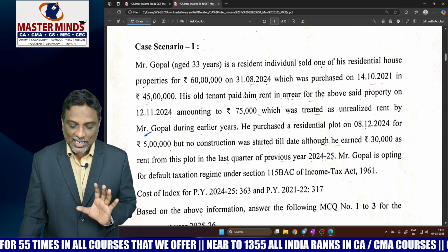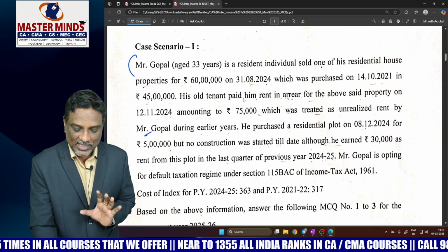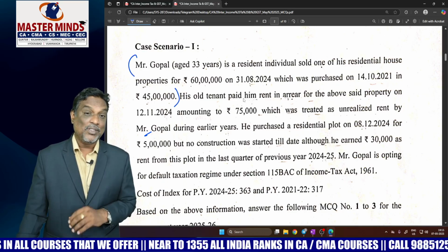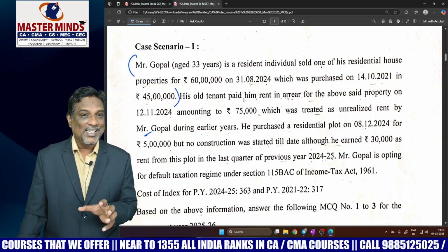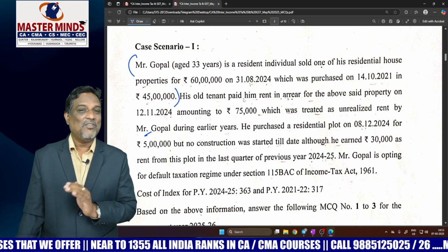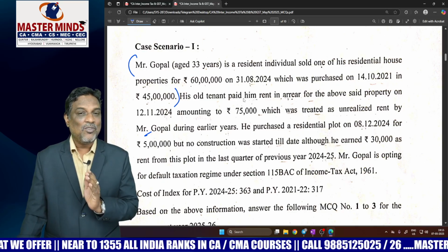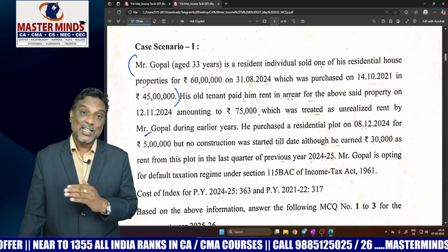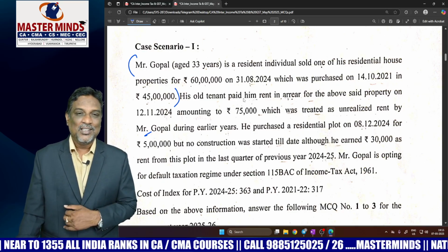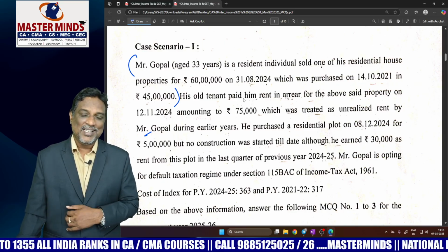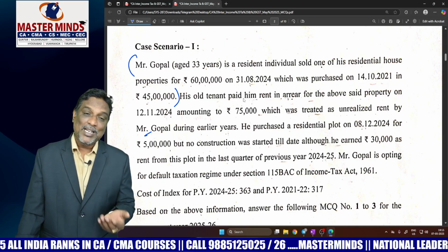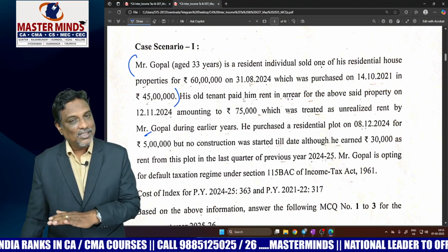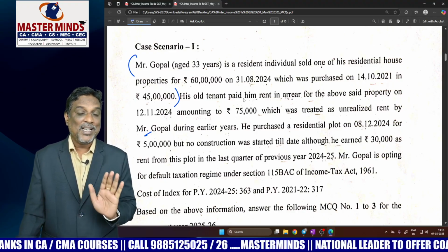So a total of 3 types of heads are involved. The first one is capital gain. Of course, my dear students, the new point here is that grandfathering benefit is involved here, relating to section 112. It was already discussed in the classroom. Transfer of immovable property. Purchased before the amendment, transferred after the amendment date. The assessee must be a resident individual.